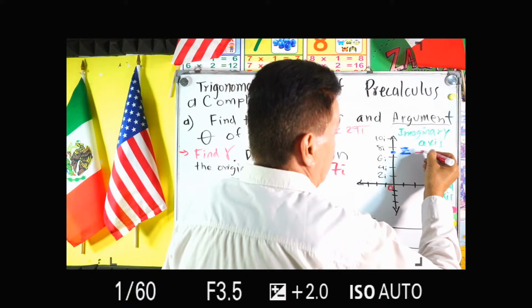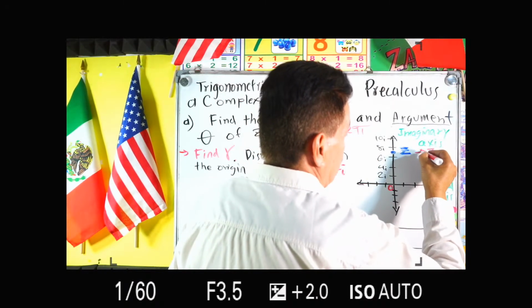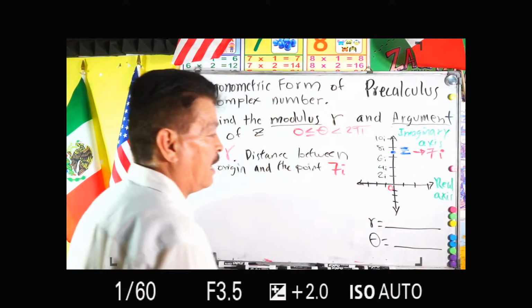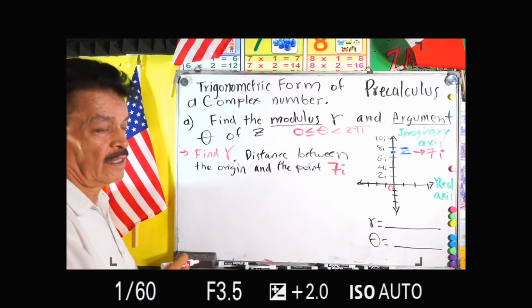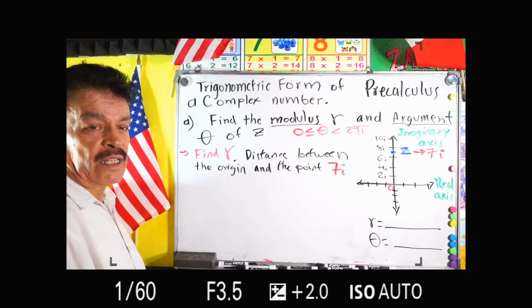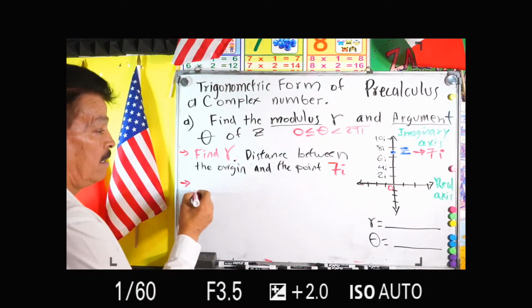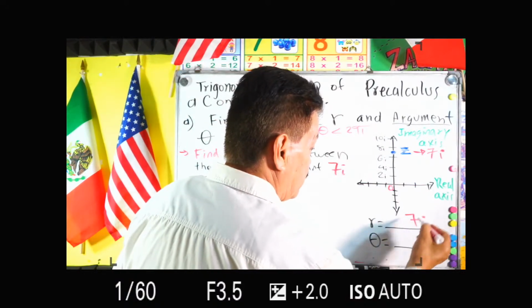Here is 7i. The r is 7. Okay, I don't want to make another graph. So now we have to find this. r is 7.